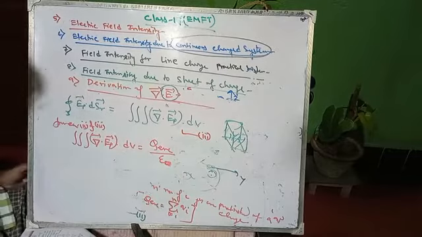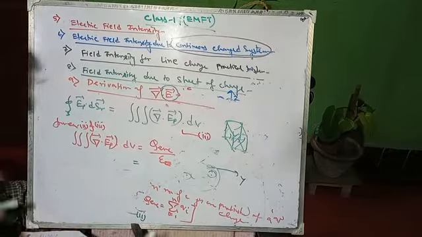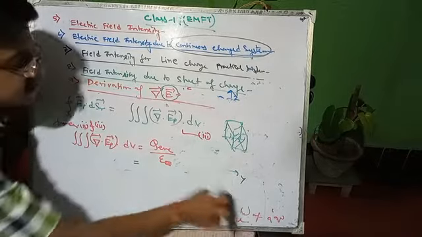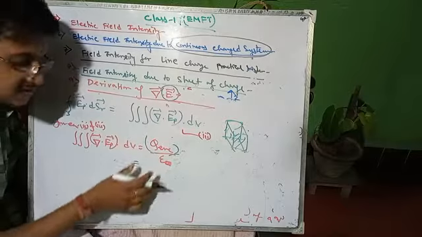And what is Q enclosed? It is in a volume, right? It is a 3D space. So this Q enclosed is placed in 3D space.